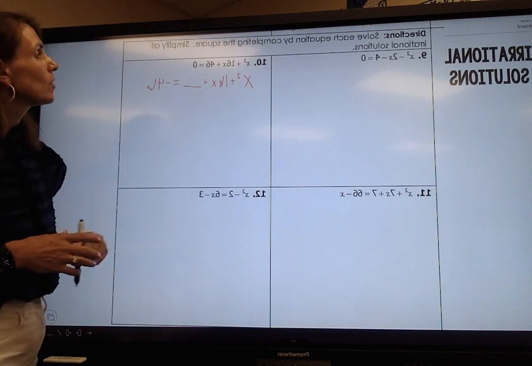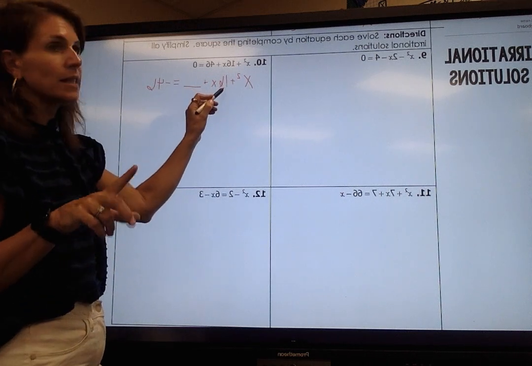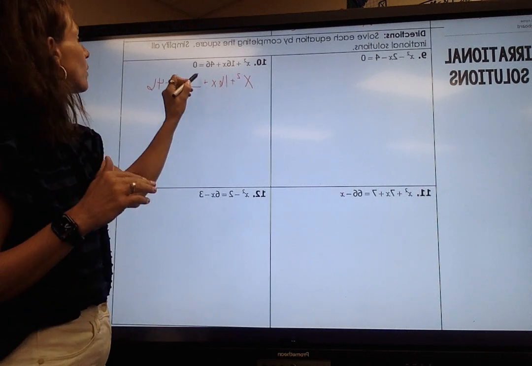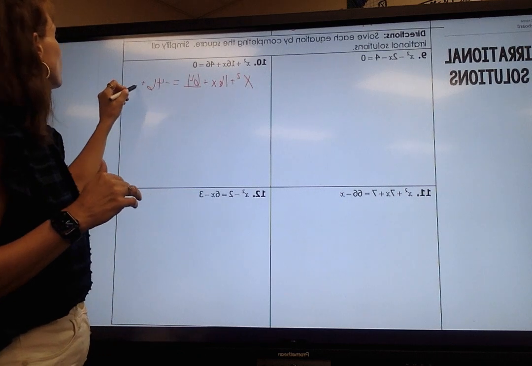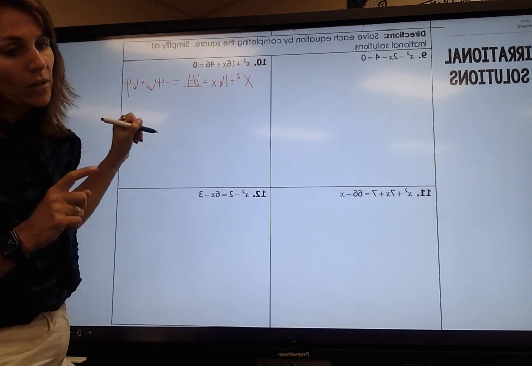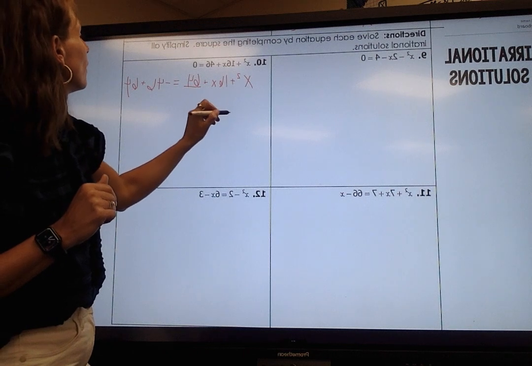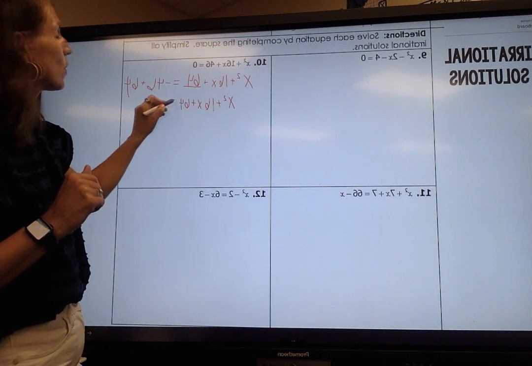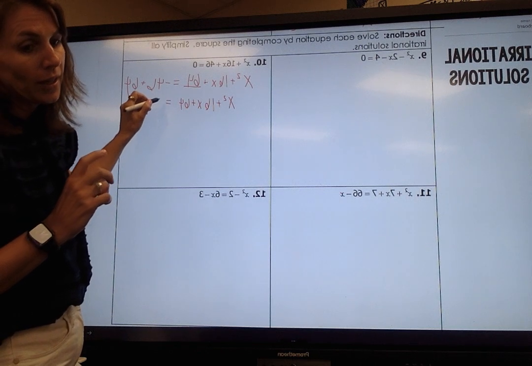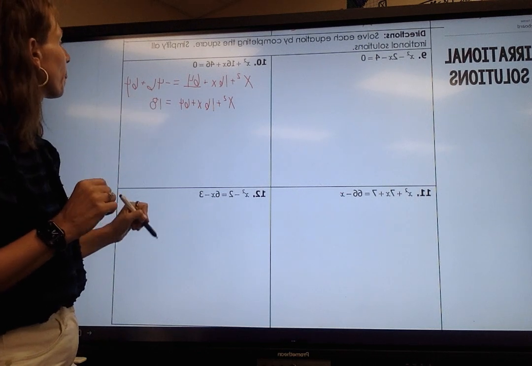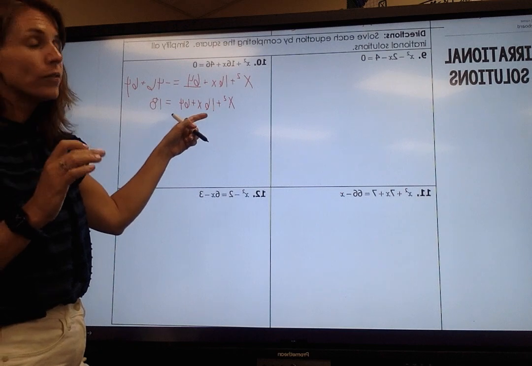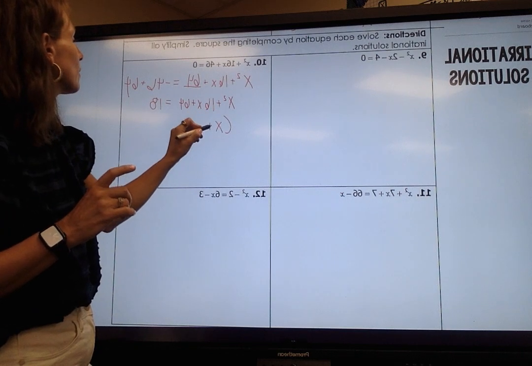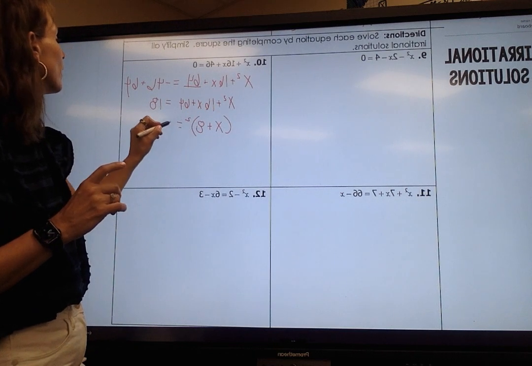I'm creating this third term, so I'm going to divide 16 by 2, which is 8. 8 squared is 64. Whatever you do to one side, you do to the other side. So now I have x² + 16x + 64 equal to 18. I'm going to factor this square, which is (x + 8)² = 18.